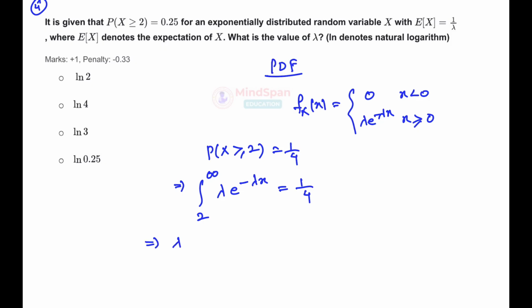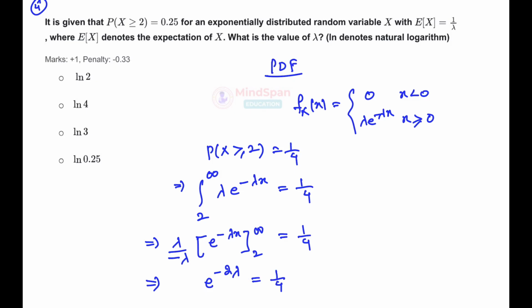So what will be the integration of e to the power minus lambda x? We will have in the denominator minus lambda, and the integration of that will be itself, from 2 to infinity, equal to 1 divided by 4. Here if you put minus infinity, 0 minus e to the power minus 2 lambda, so overall it will turn out e to the power minus 2 lambda is equal to 1 divided by 4.